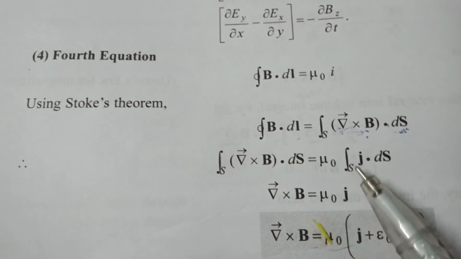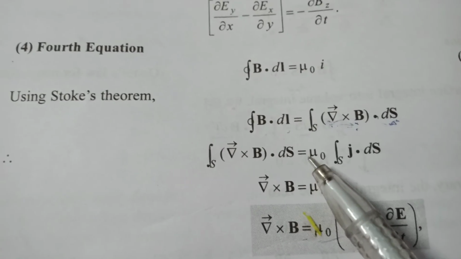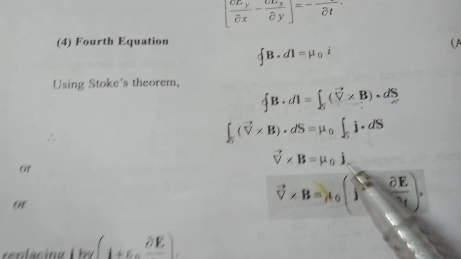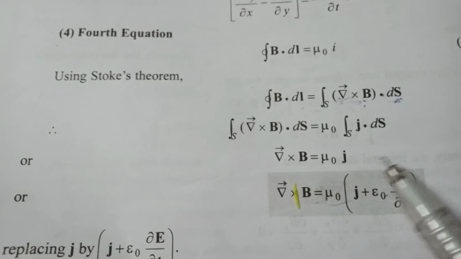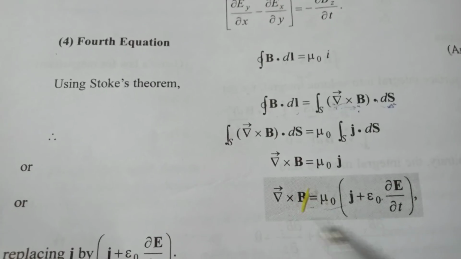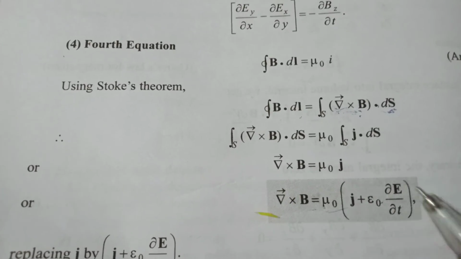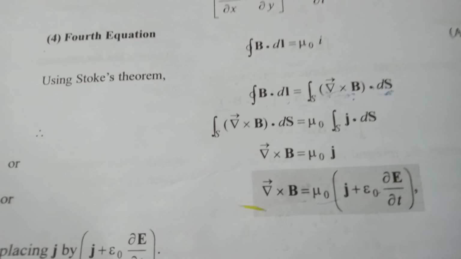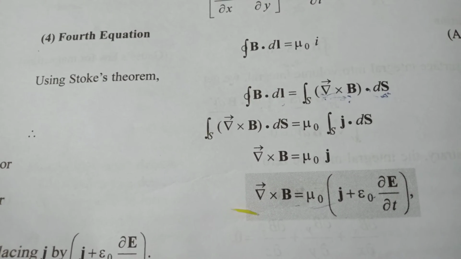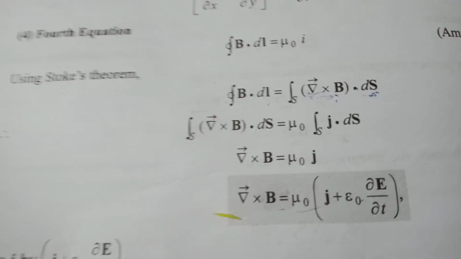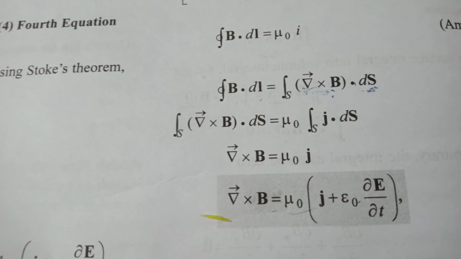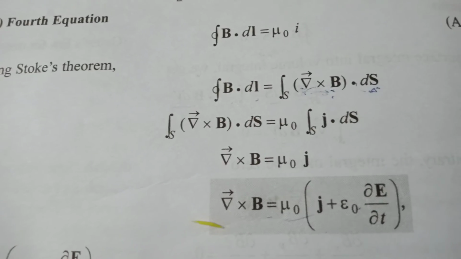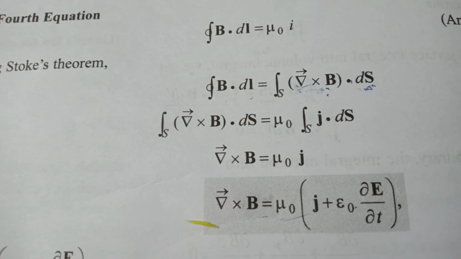From here del cross B, when you take mu 0 inside, is mu 0 J. And this is Maxwell's fourth equation. So from the integral forms we have derived the differential forms, that is, both represent the same thing.